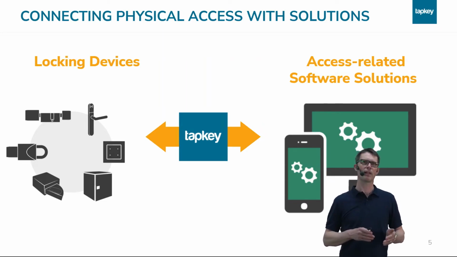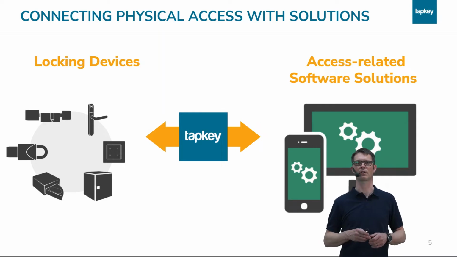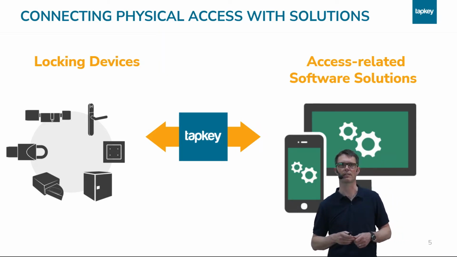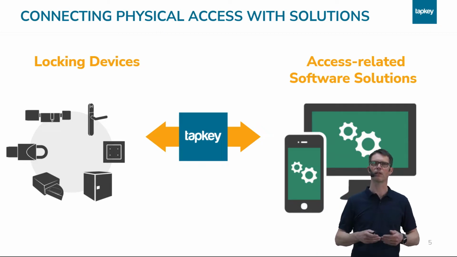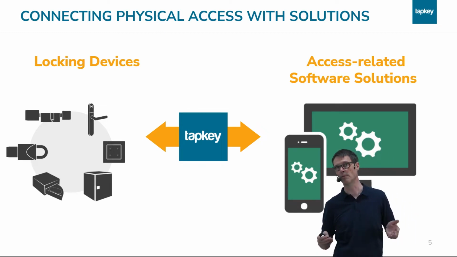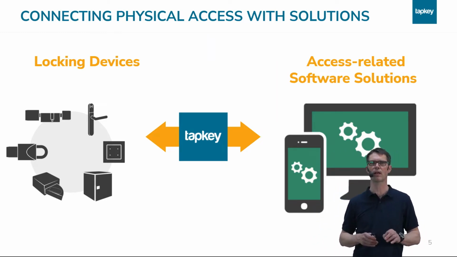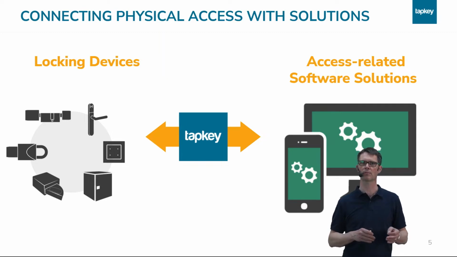Tapkey offers many features out of the box that an integrator does not have to worry about. To name just a few of such features: intelligent revocation lists. If you revoke a grant, then we make sure that this key does not work anymore. Or time handling. The time on the lock is automatically synchronized each time a lock is used with a smartphone.